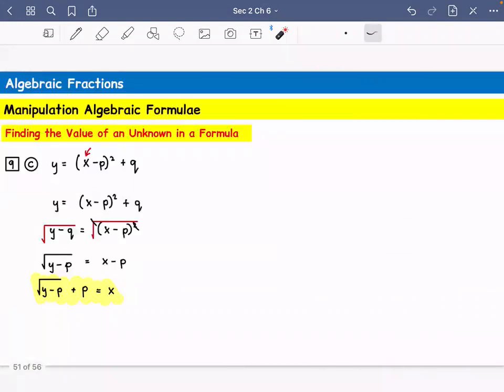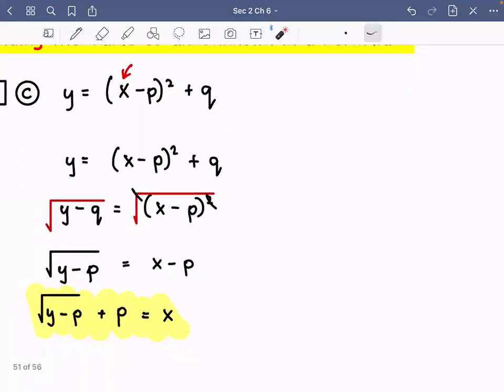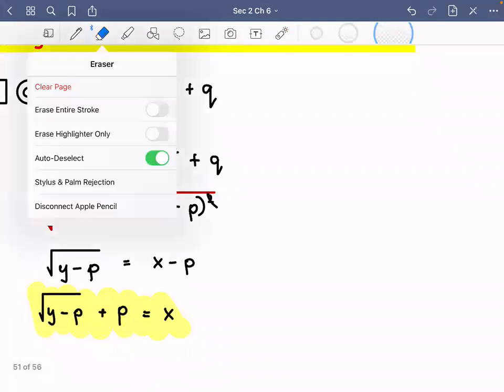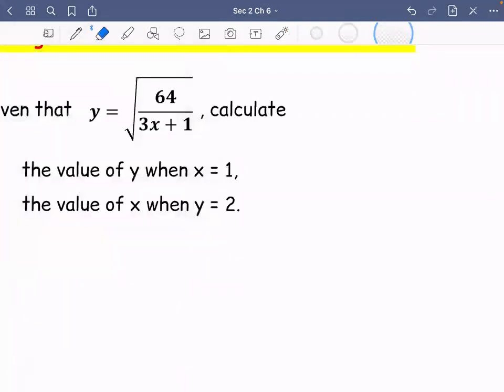Sir, question for that question. Where's the Q? Why is there two P's? P plus P. Where's the Q? Oh, this one? Yeah, okay, I think that's my mistake.